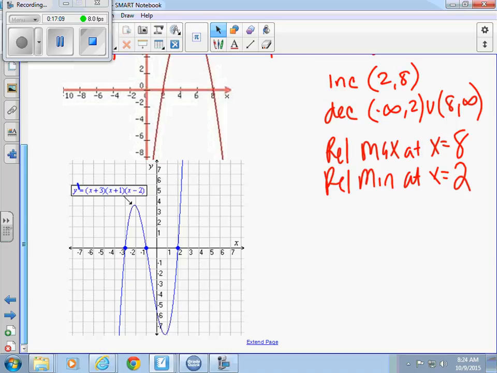How many of you like drawing a sign chart on this? At first, it's very useful, and then you'll get to where you don't need to.